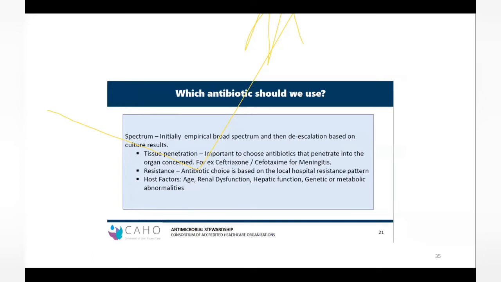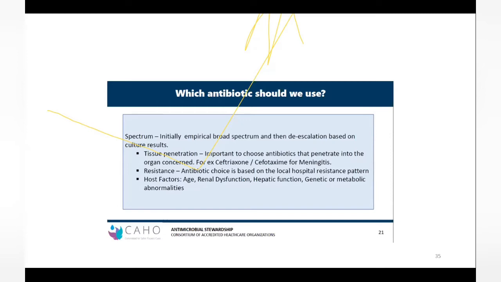When we identify a patient with infection, the antimicrobial needs to be considered for tissue penetration. It is important to choose those antibiotics that penetrate into the organ concerned. For example, if it's meningitis, then ceftriaxone or cefotaxime should be considered. If it is a urinary tract infection, then tigecycline won't be effective.